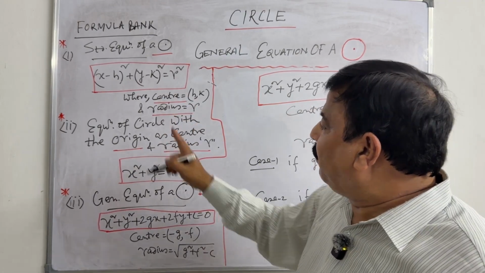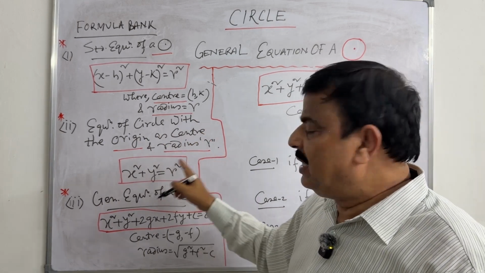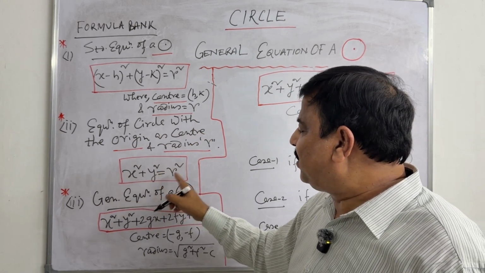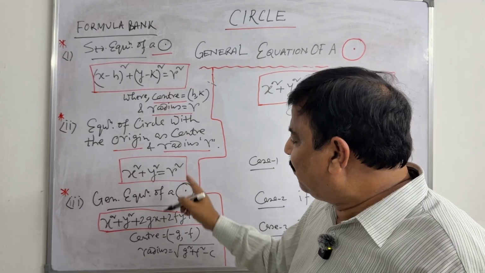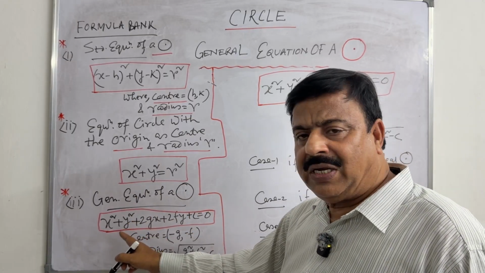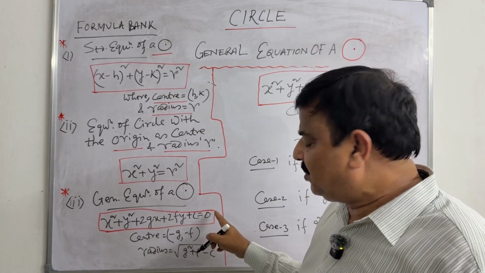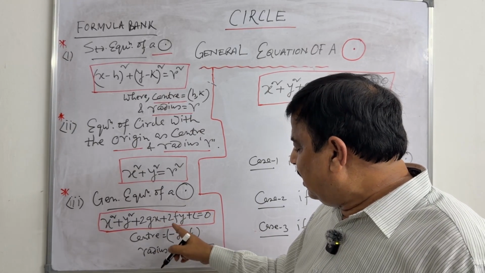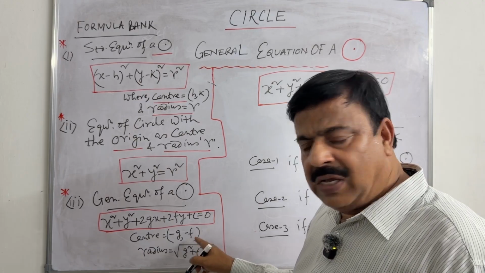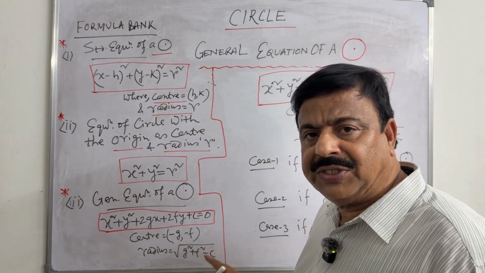Second one, equation of a circle with origin as center and radius r, that is x square plus y square is equal to r square. And third one is the general equation of a circle, that is x square plus y square plus 2gx plus 2fy plus c is equal to 0, where the center is minus g comma minus f and radius is root over g square plus f square minus c.